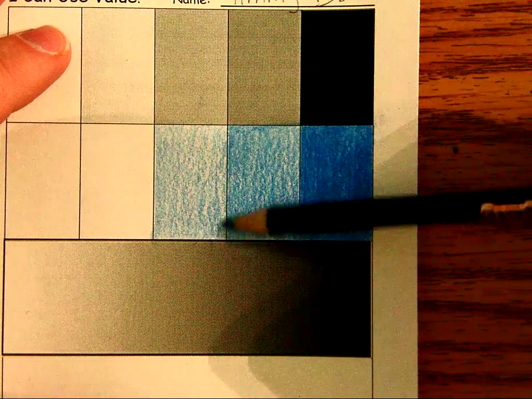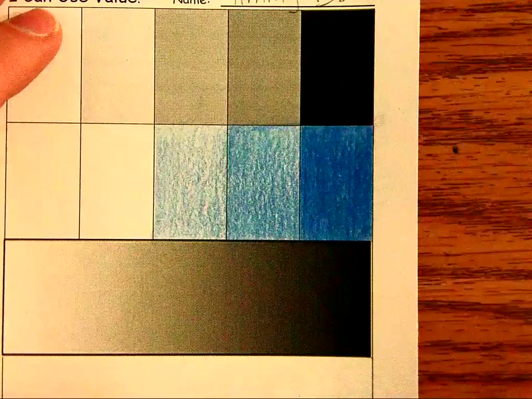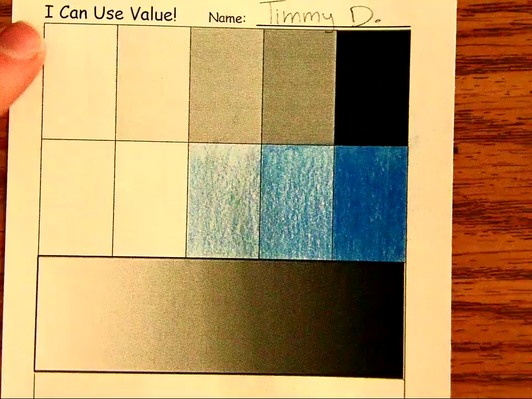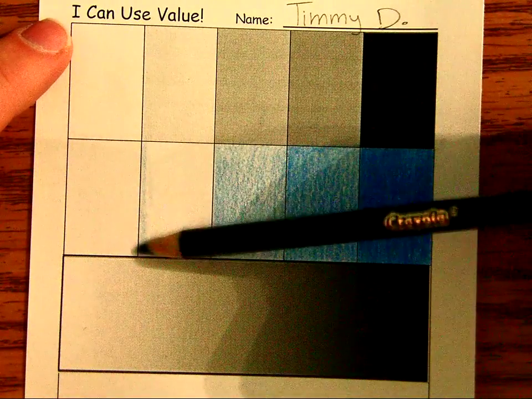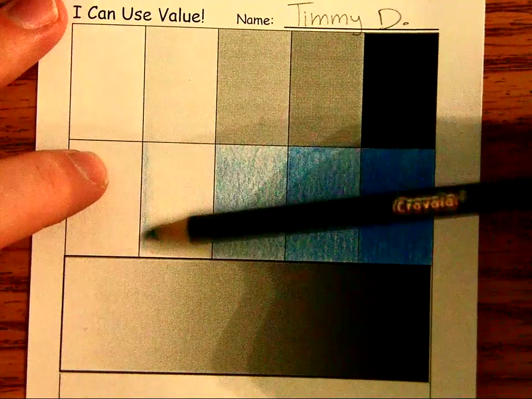Okay, and then you move on to your lightest. Remember, the square on the far left will be left white. I don't want to see any color put in that left square.